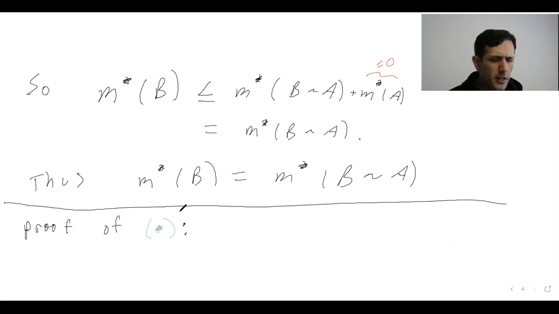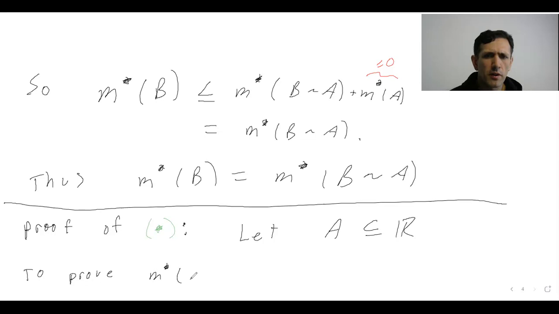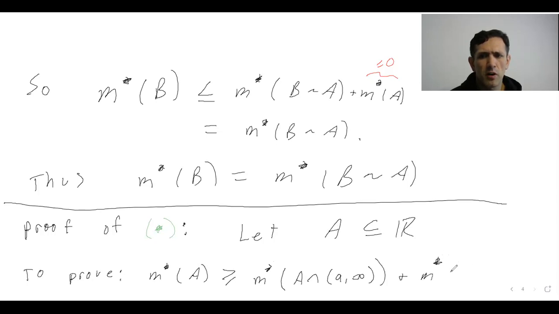Just to remind you of what we need to prove: let's say we have A as a subset of R. We need to prove that M star of A is bigger or equal to M star of A intersect little a to infinity plus M star of A intersect a to infinity complement. That's our task.